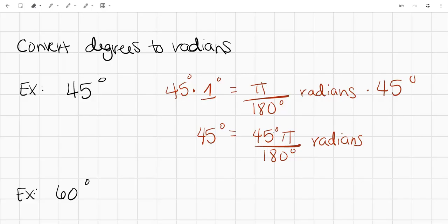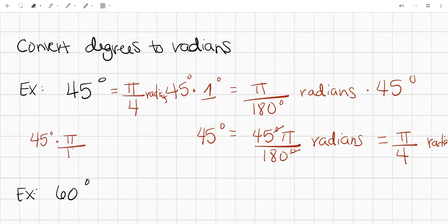Notice that I have a degree over a degree, so they cancel out, and I'm left with 45 pi over 180. This ends up simplifying to pi over 4 radians. So 45 degrees is pi over 4 radians. Or you can just multiply 45 degrees times pi over 180 degrees, which gives you pi over 4 radians.